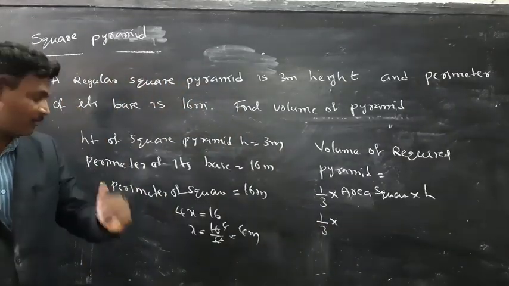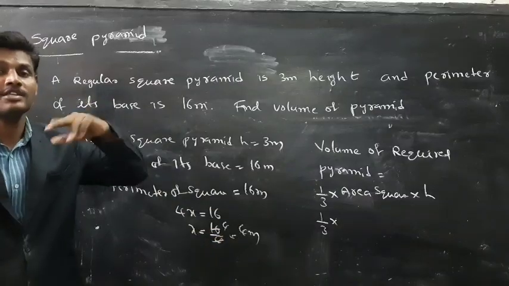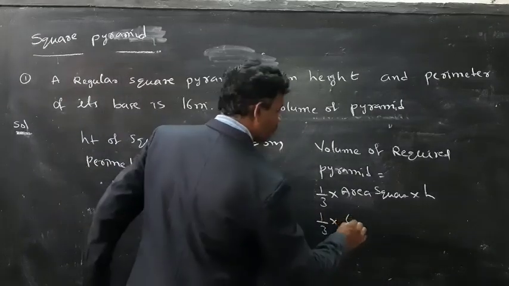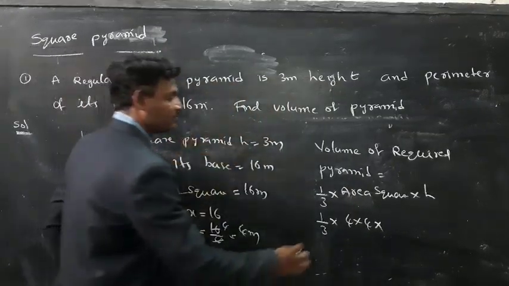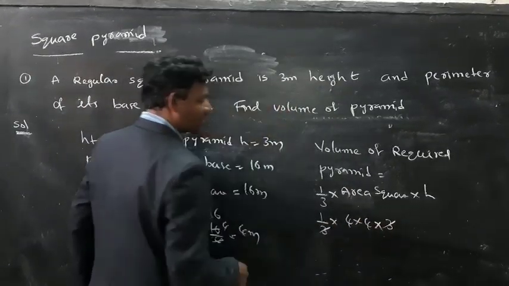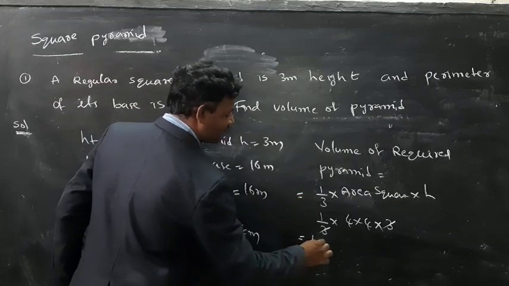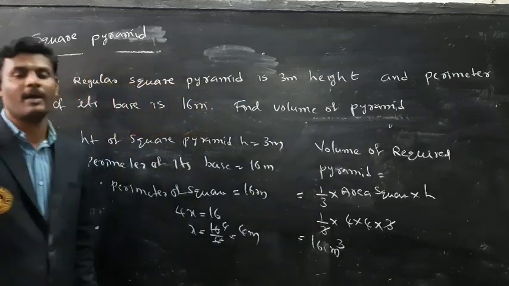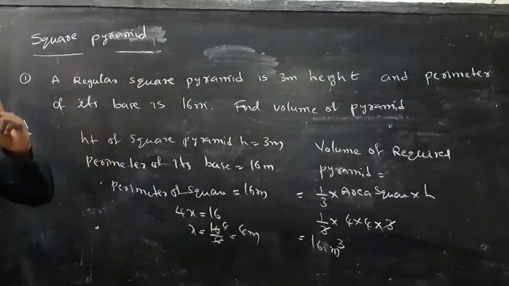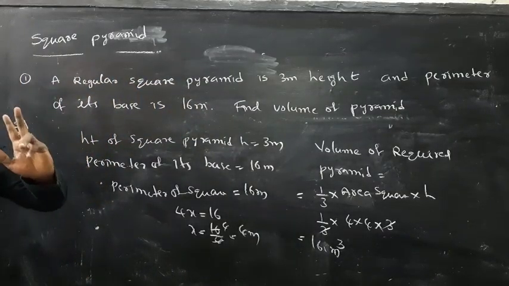Here the side of the square is 4 meters, so 4 into 4 into the height, which is 3. 3 and 3 get cancelled. So what is the answer here? 4 fours are 16 meters cube. So the volume of the pyramid is 16 meters cube.